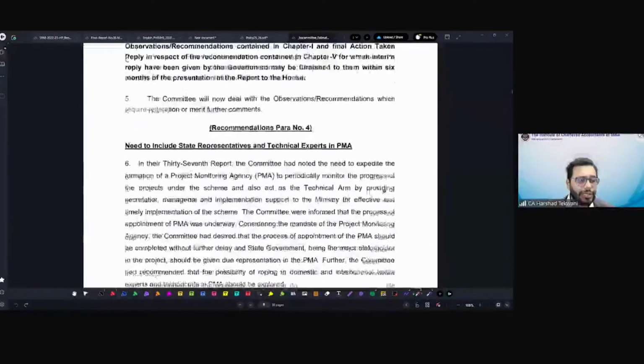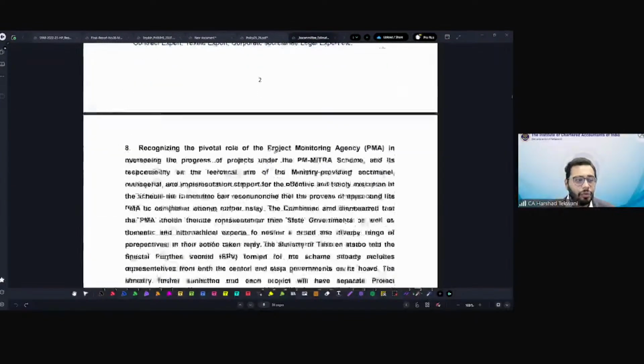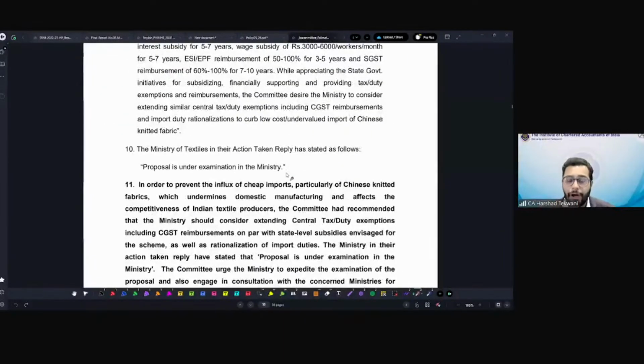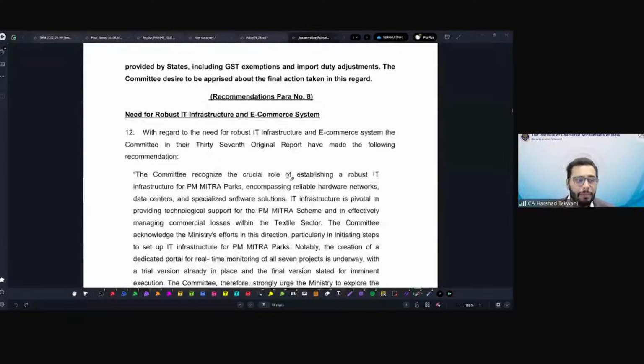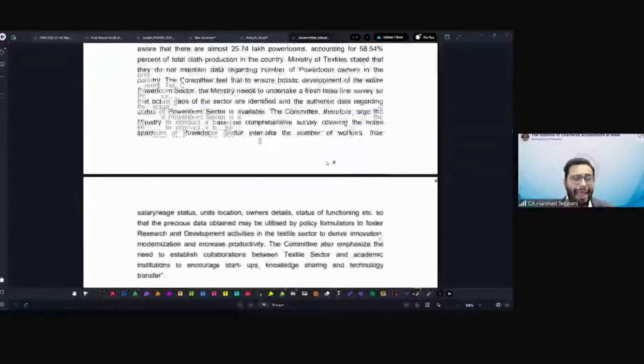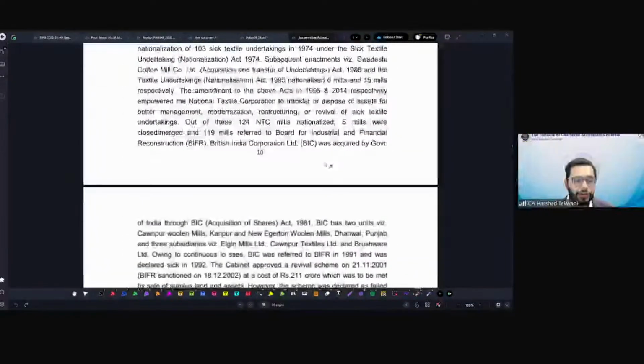So they recommend what is required to be done with respect to these programs, what further changes can be made in that particular program, and how it can be made more robust. They provide these recommendations by analyzing whatever is laid in the parliament for discussion.